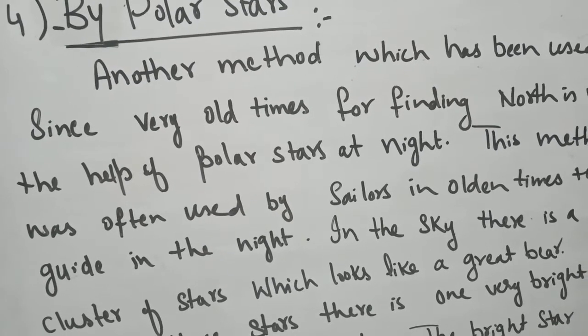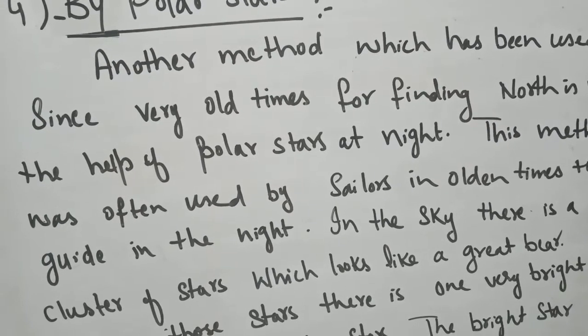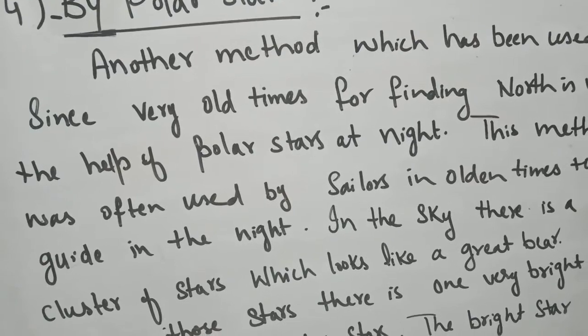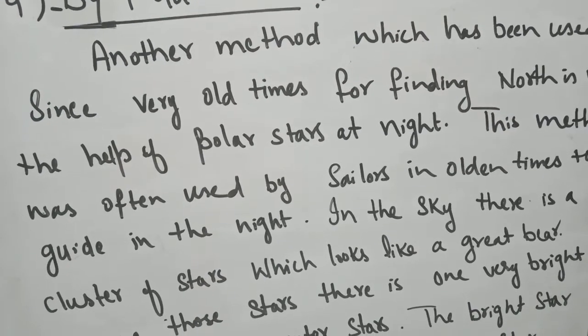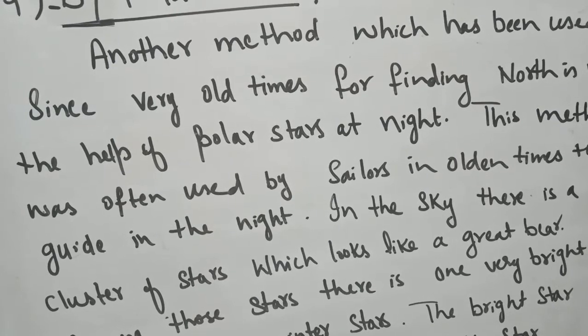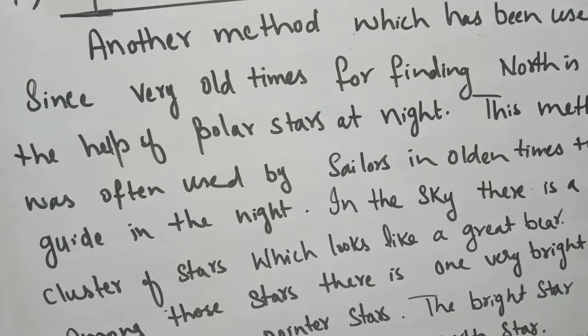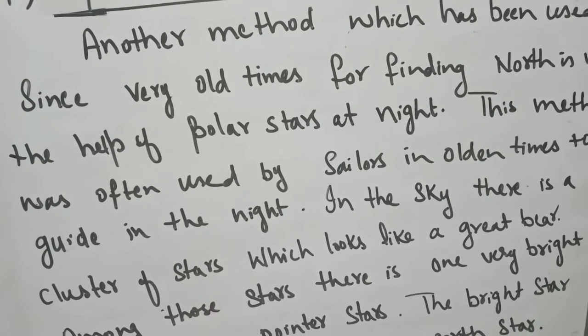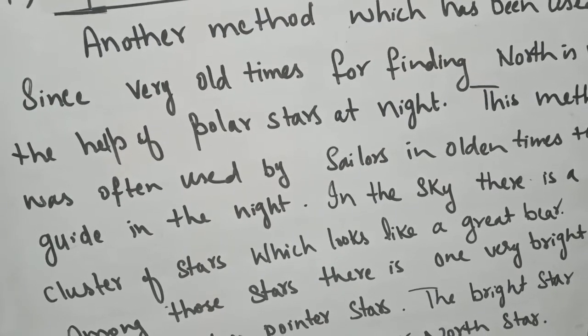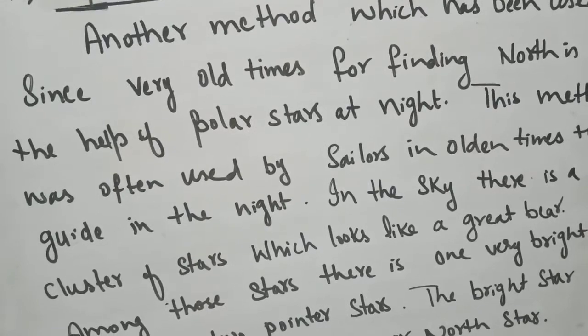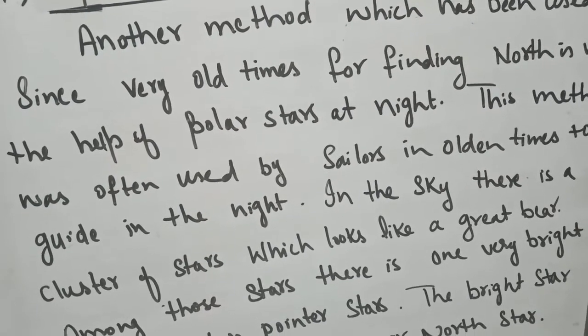Okay, the methodology of this method is, as everybody knows, that in the sky there is a cluster of stars which looks like a great bear. This is apparently how it looks, but this method also has some limitation in terms of the specific months.